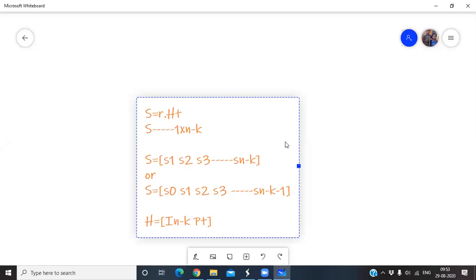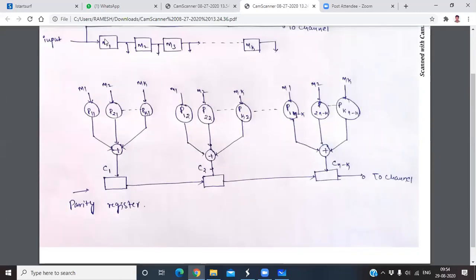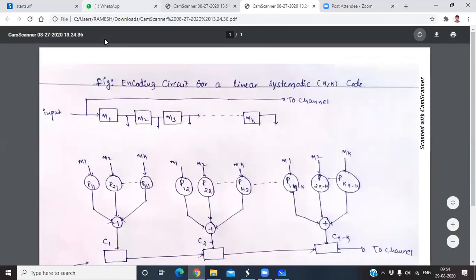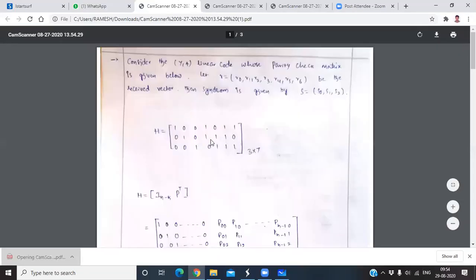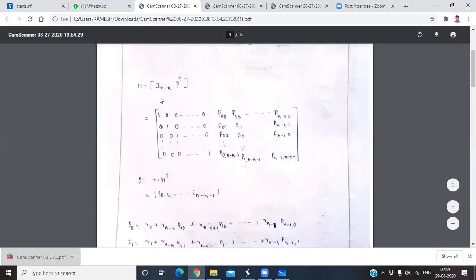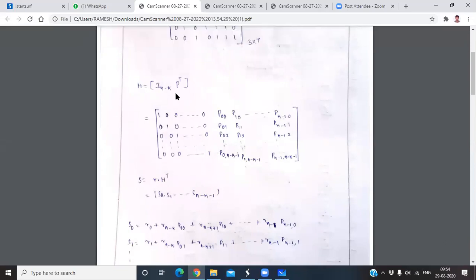Now look at the screen here. Wait, I want to show you. See here, this is I n minus k, the n minus k by n minus k identity matrix, and P transpose.